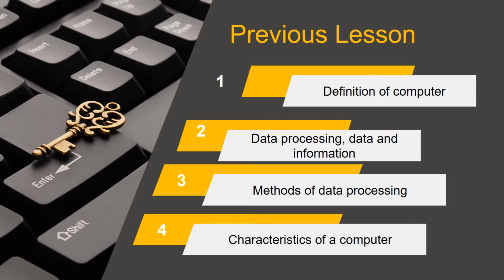And we talked about data processing, laying emphasis on data and information. We talked about three methods of data processing: manual, mechanical, and also electronic data processing. Then we talked about characteristics of a computer, the speed, the versatility, and among others.